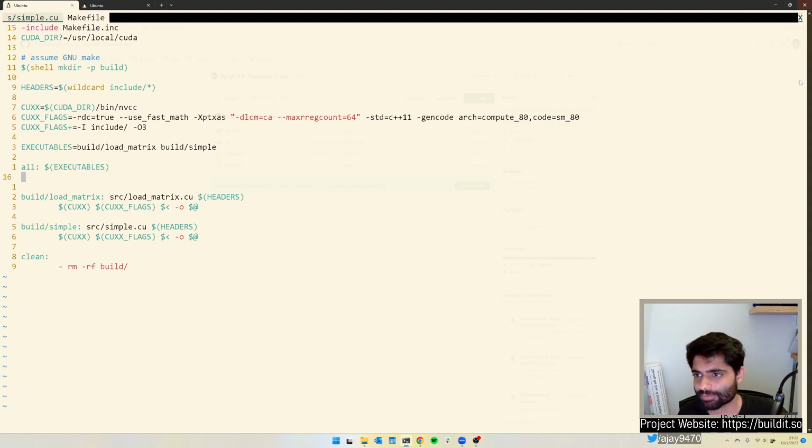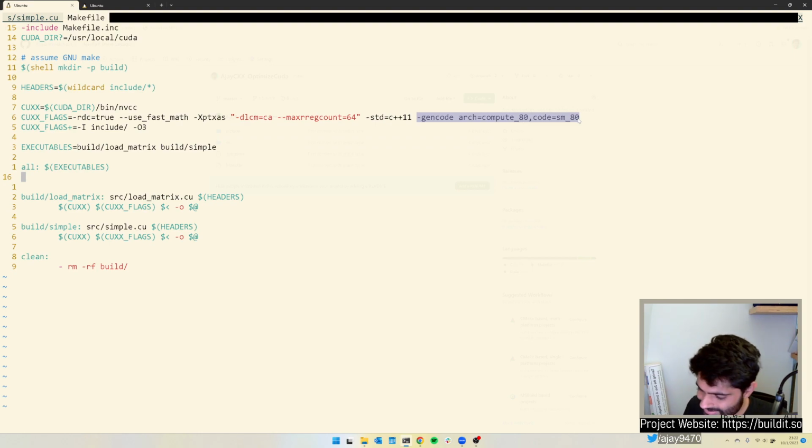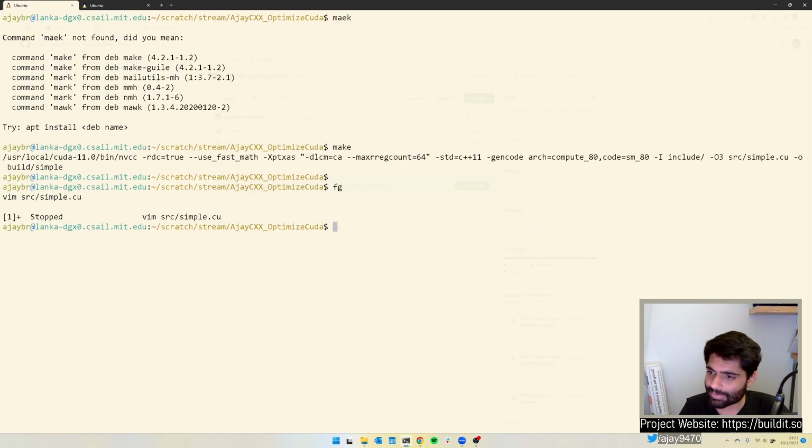And the most important argument that you need to know about is this gencode argument. It tells the compiler to compile this code for a specific generation of GPUs. If you look up the name of the GPU you're using, you can find what architecture version it uses. Mine uses 80, so I say gencode arch equals compute_80 and code equals sm_80.